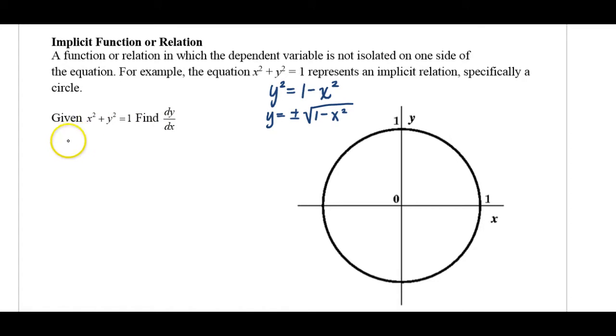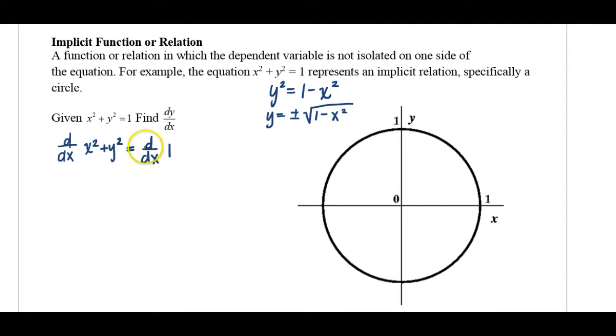So we're going to start all of our problems by taking d/dx, so not dy/dx, we're trying to find dy/dx. We're going to take the derivative with respect to the variable x of both sides. So d/dx of x squared plus y squared, that's the left side, and then d/dx of 1.